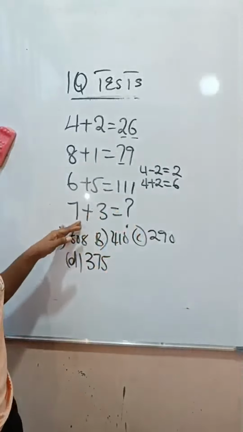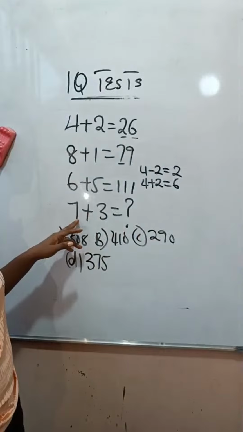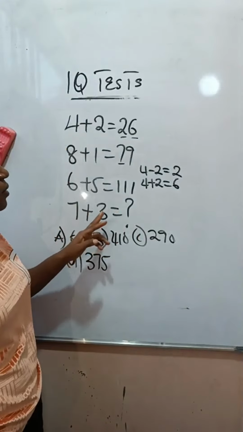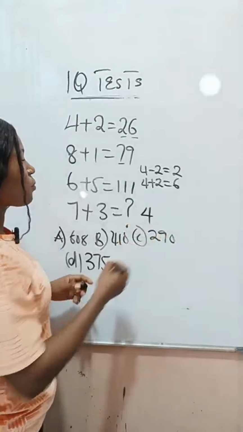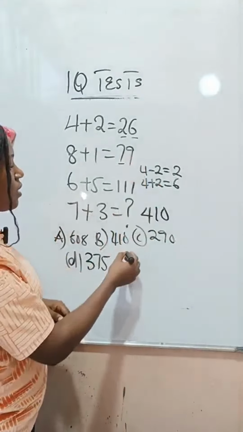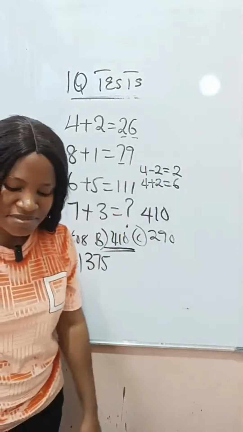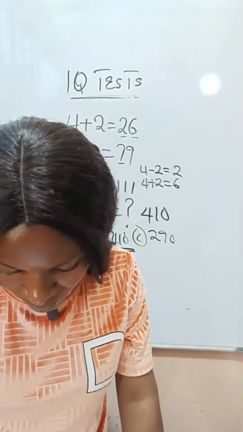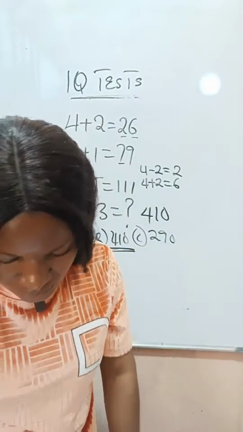So we should subtract before we add, right? So from the pattern, it should be 7 minus 3, which will give us 4, then 7 plus 3, which will give us 10, and that should be option B. Interesting, right?